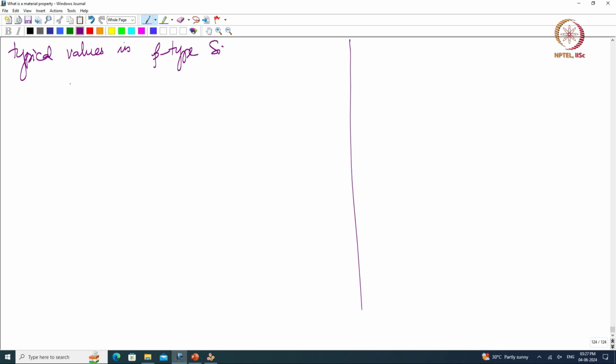Let us say in MOSFETs. What are the maximum mobilities you can get, maximum electron mobility? These are various questions.